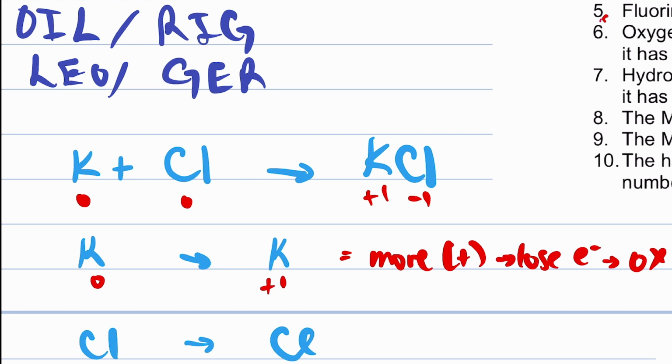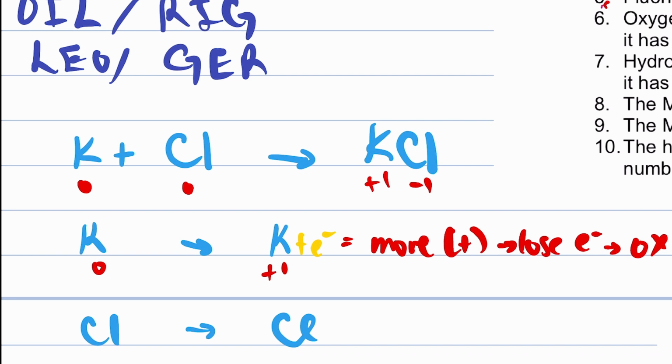Normally you would think of it as, okay, you've got potassium here, it's losing, so -1 electron. But in chemistry, we don't really write subtraction in a chemical equation. Therefore, because it's losing, you think of it as coming out, or being spit out, in the product.